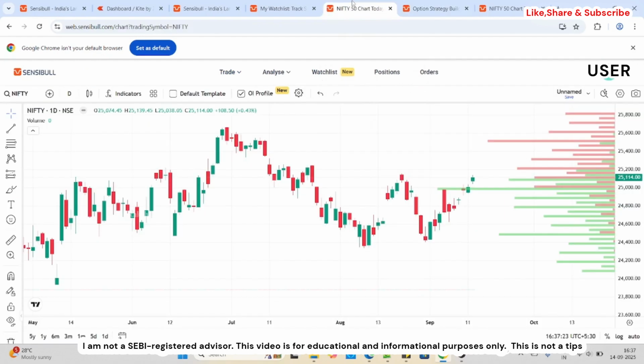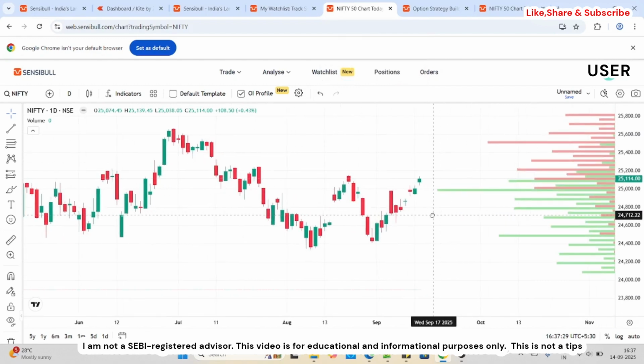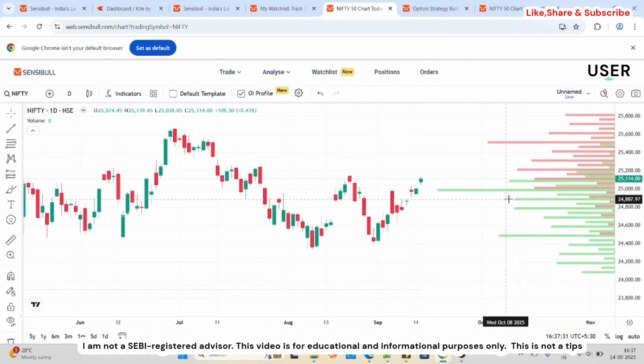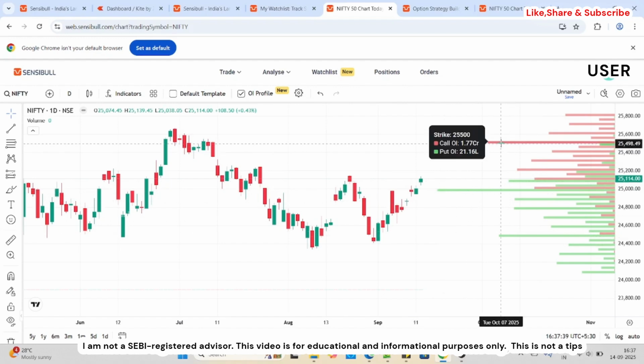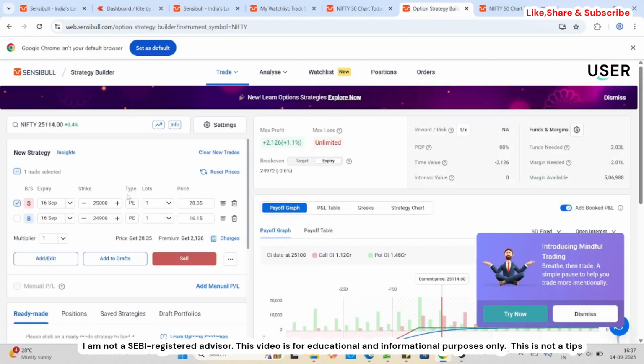So that's what a lot of people are sitting with here, at 25,000. On expiry day, this chart will definitely change because they will square up or close these positions. Okay, and you can see 25,500 from here, 25,500, right? 25,500 CE is sell, they made it.